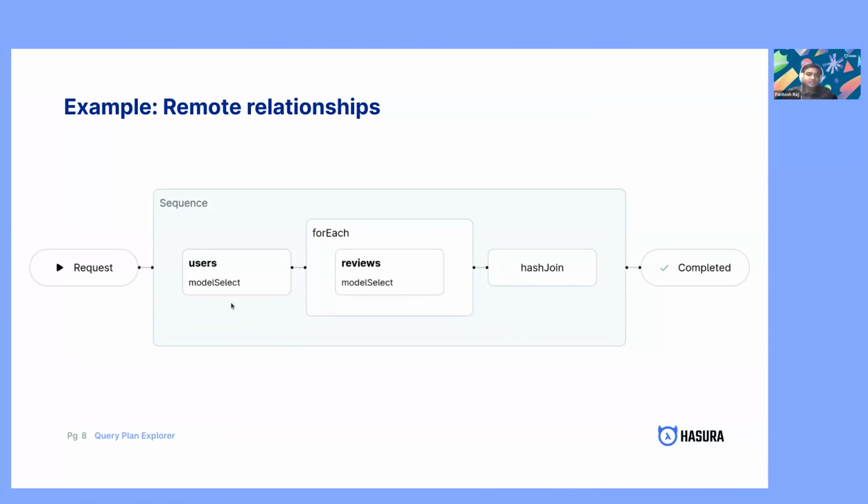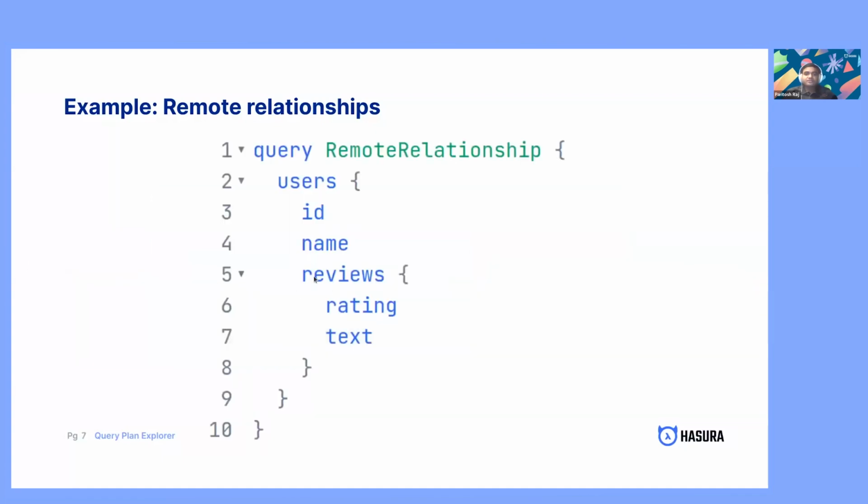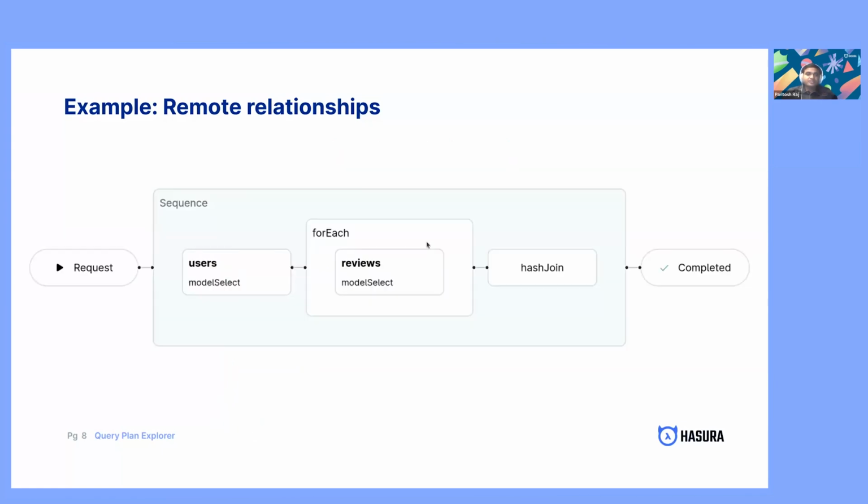First we need to fetch the user model, because for fetching the reviews, you actually need some data from the user model. So first we fetch the user model, then for each of the users we do the model select from the reviews model, and then we do a hash join. The hash join is basically making sure that the review for a particular user goes with that particular user's data.